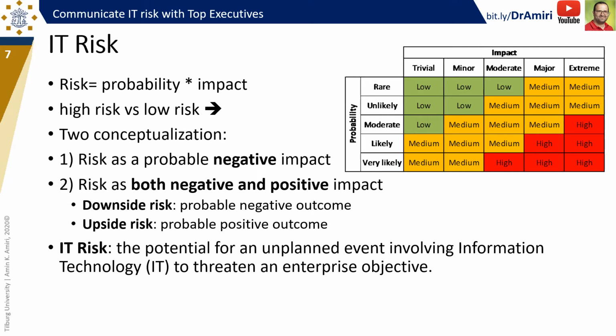For this lecture, we define IT risk as the potential for an unplanned event involving information technology to threaten an enterprise objective. So we are more aligned with the first conceptualization of IT risk, or downside risk.